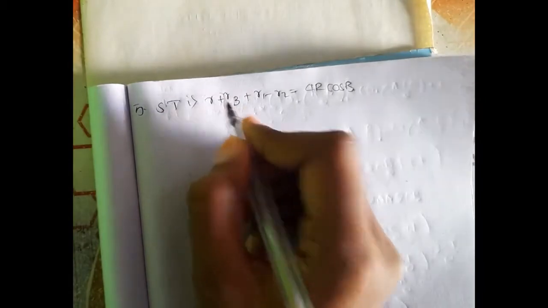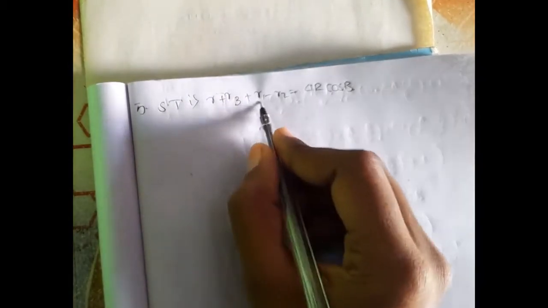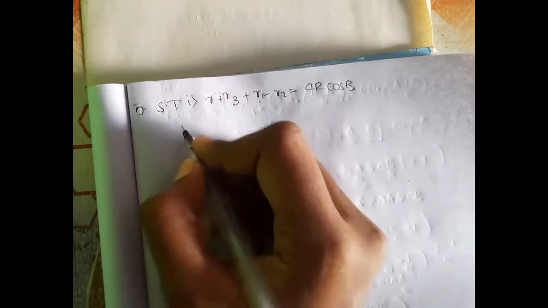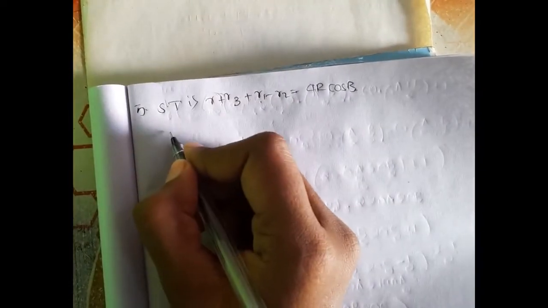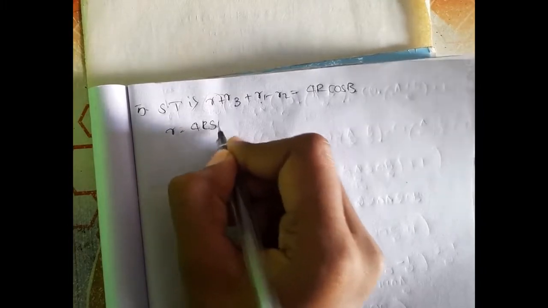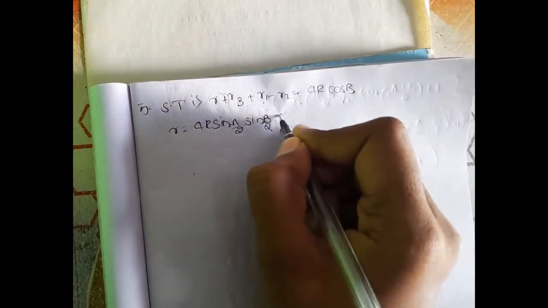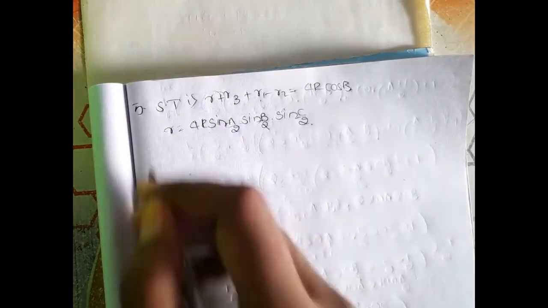So the next question is, in triangle ABC show that R plus R3 plus R1 minus R2 equals to 4R cos B. Okay. So we have formulas of R, R3, R1 and R2 in terms of 4R cos A cos B in that way. So first formula of R, it is 4R sin A by 2 sin B by 2 sin C by 2, which we used in the fourth problem.